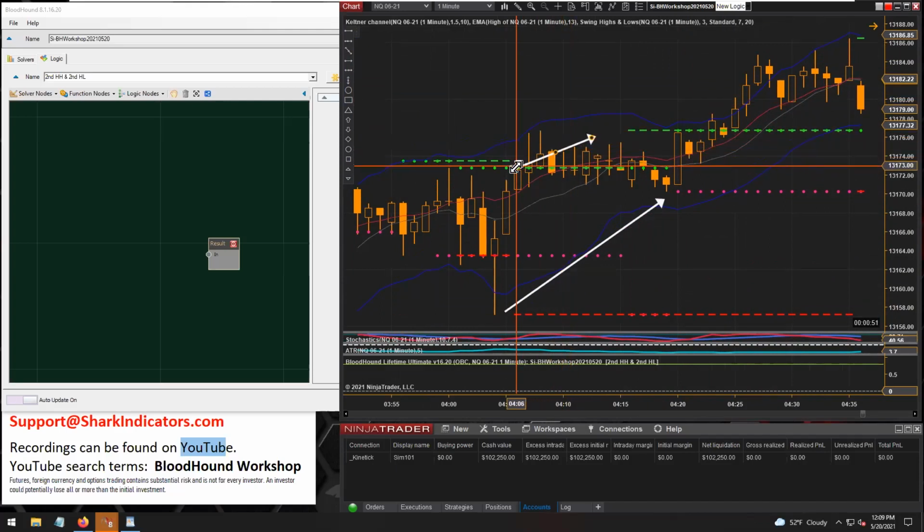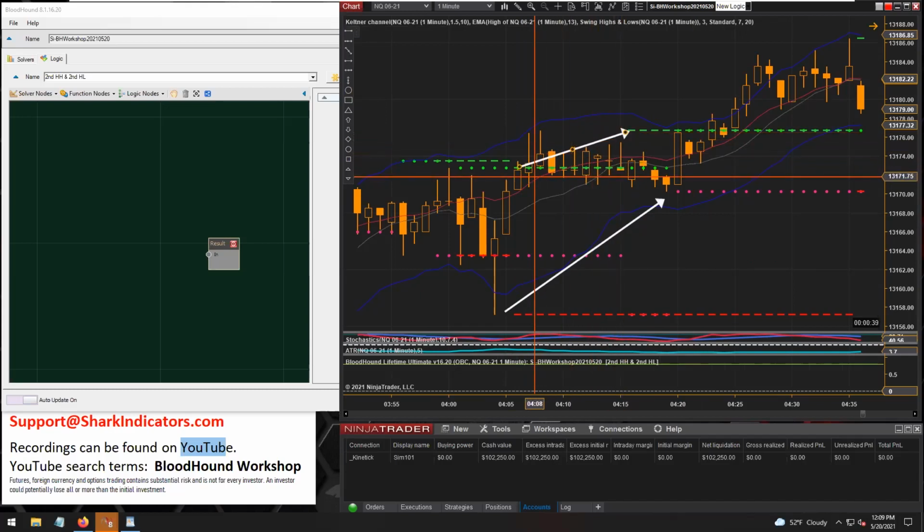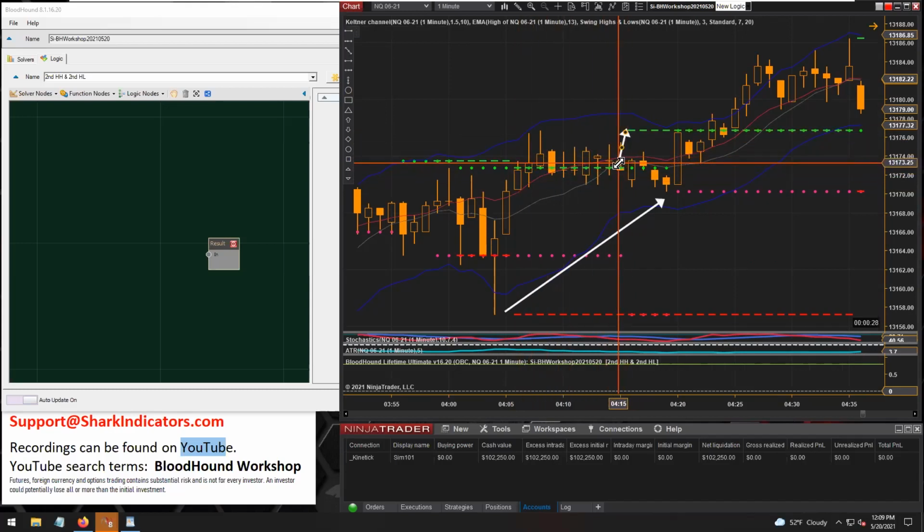This hash line steps down, but we're looking for the hash line to step up. More precisely, that's what we're looking for: our hash line to step upwards.